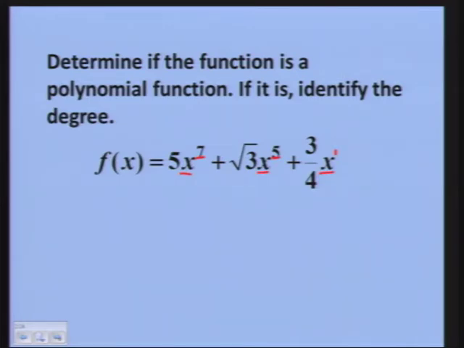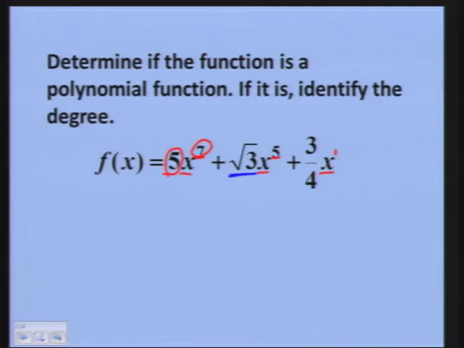And the coefficients are real numbers. Now you might ask about that square root of 3. It may be irrational, but it is real. We can find a place for it on the real number line. So this is a polynomial function, and of course the highest exponent is 7, so that gives it its degree. It's of degree 7, and the lead coefficient is 5 here.